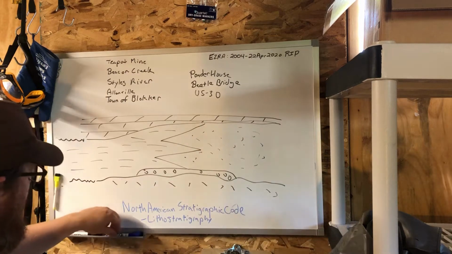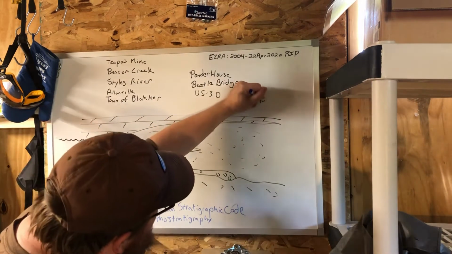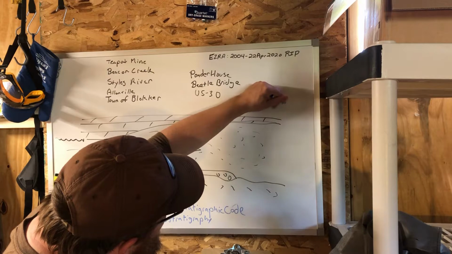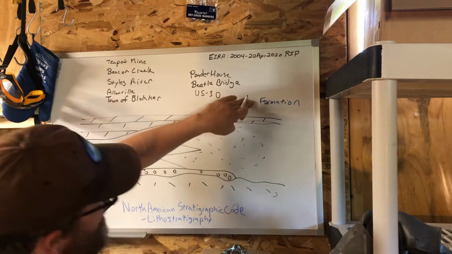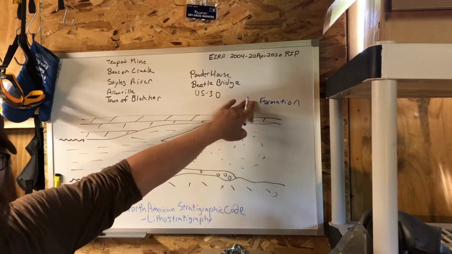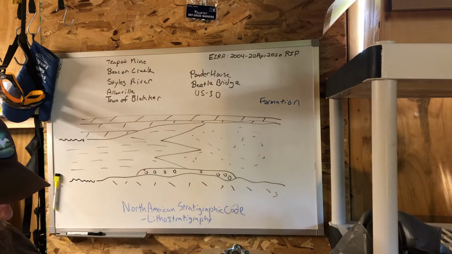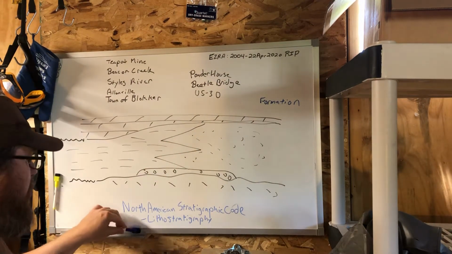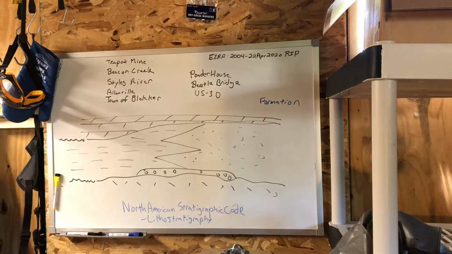The formation, like I said, is the basic geologic unit. It's what you usually see on maps, all right? And it has to be mappable. Well, what is mappable? A formation, which is the core unit.